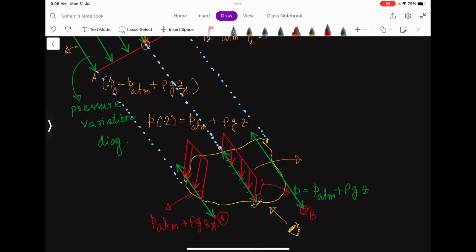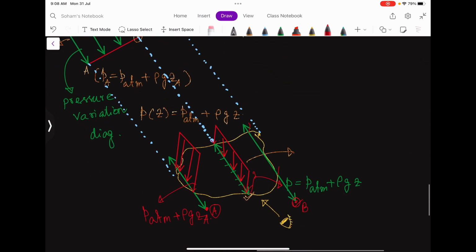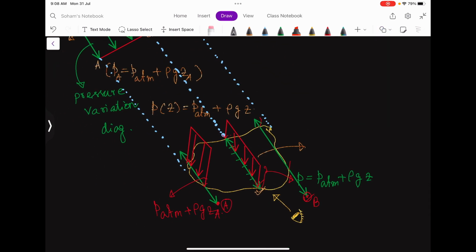So this is the length, and here this is the length. Let me join these by two lines to form a rectangle. In a similar way, if I draw arrows, these arrows will have the magnitude P_atm + rho g z_B. Clear?